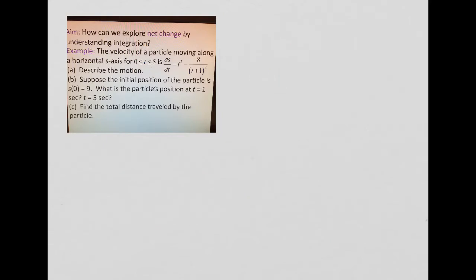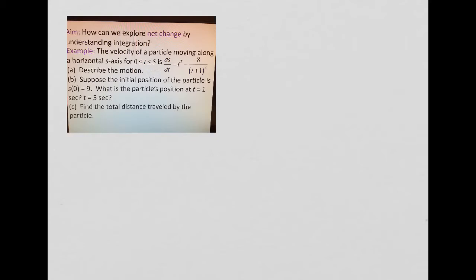In our example, the velocity of a particle moving along a horizontal s-axis for 0 is less than or equal to t is less than or equal to 5 is, of course, ds over dt, but it is equal to t squared minus 8 over the quantity of t plus 1 squared.